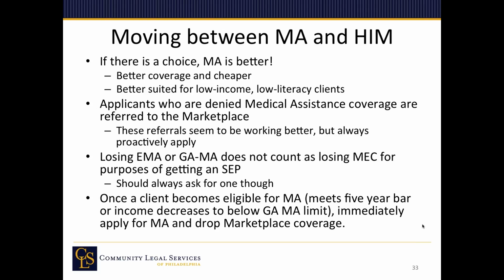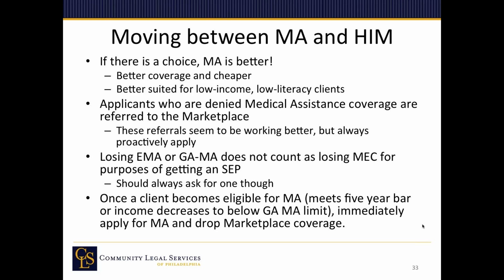I mentioned just a couple of minutes ago that losing emergency medical assistance or state-funded medical assistance does not count as losing minimum essential coverage for purposes of getting a special enrollment period. So losing those types of medical assistance won't automatically get you a special enrollment period, but we still encourage you to ask for one.